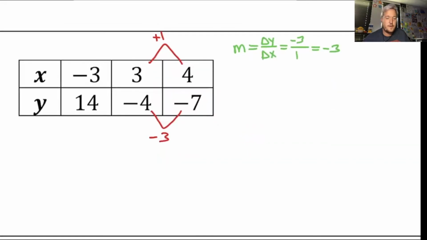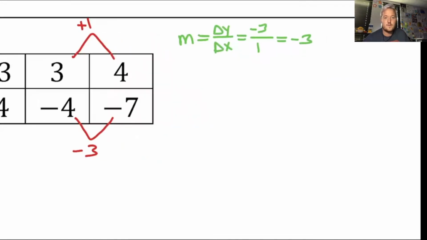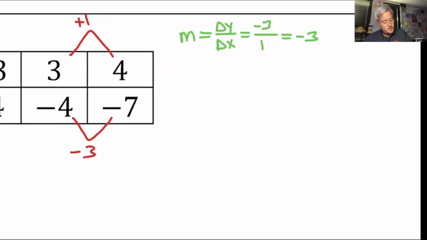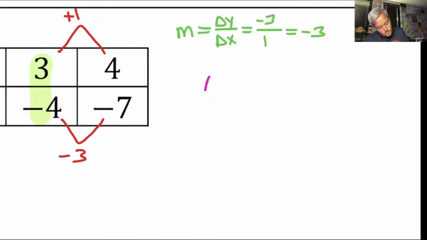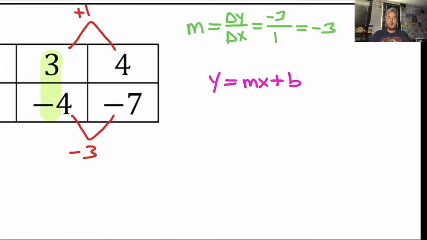Same as before, now I got to plug in an xy value. So I'm going to use 3, -4. I'm going to start with slope-intercept form. I'm going to plug in for y, m, and x. For my y value, I'm going to plug in -4. For my m value, plug in -3. And my x value, plug in 3. And solve for b.